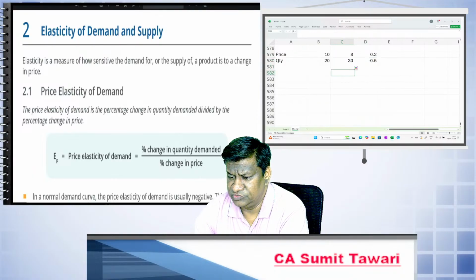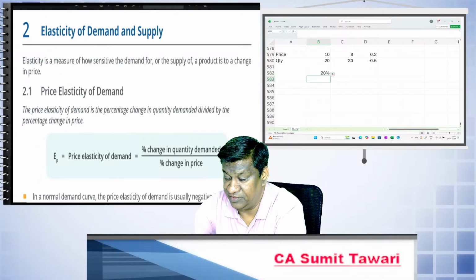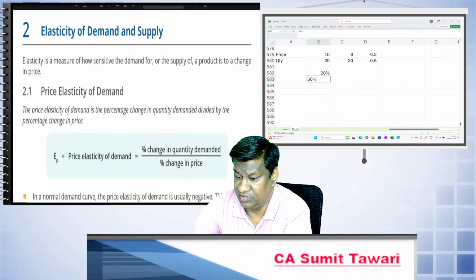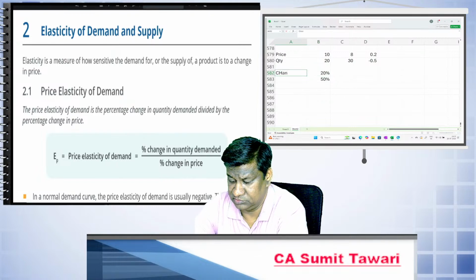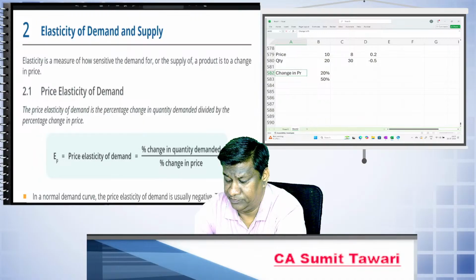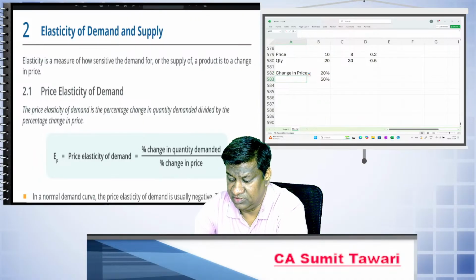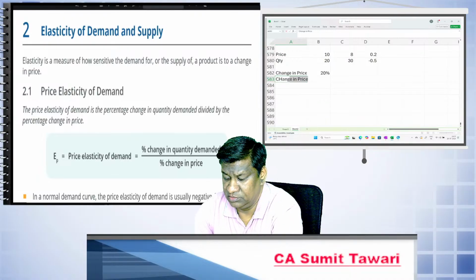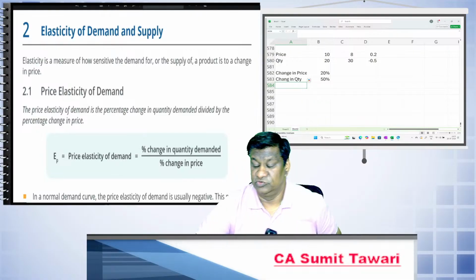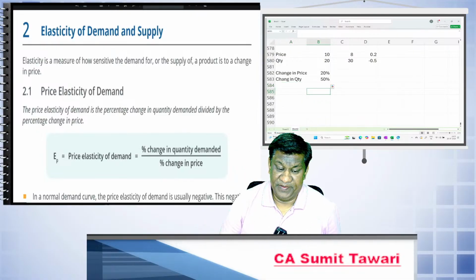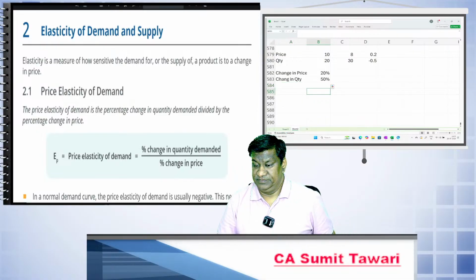Okay, so 20% and 50% again. So the change in price is 20%, and the change in quantity is 50%. So what would be the price elasticity?